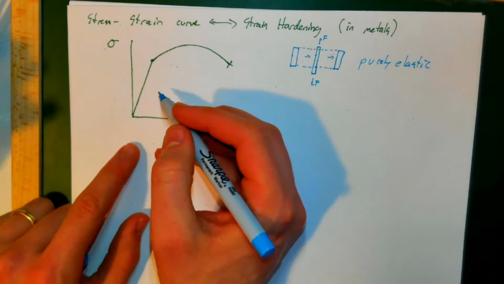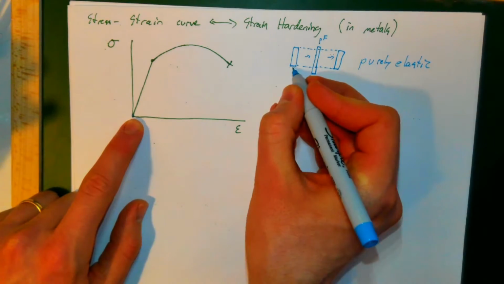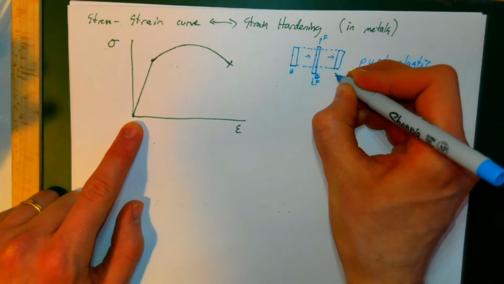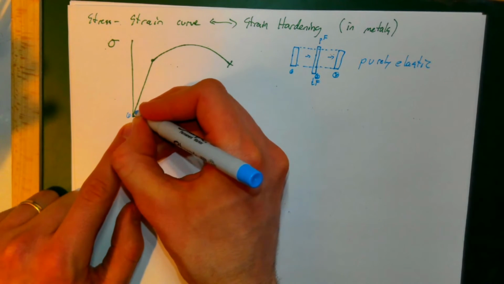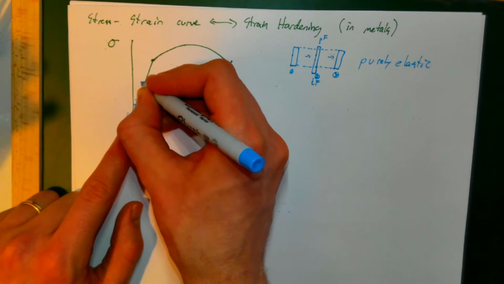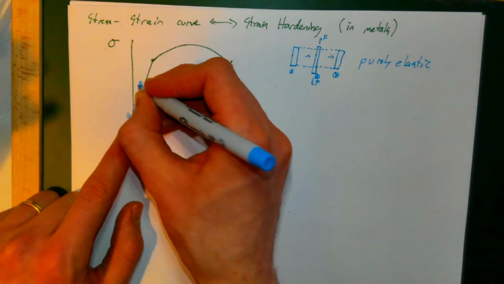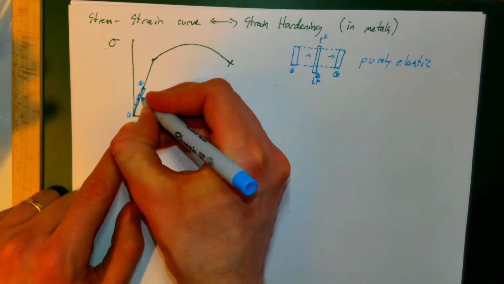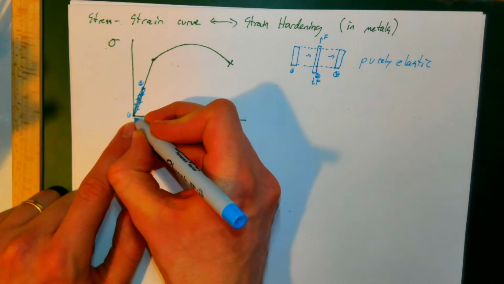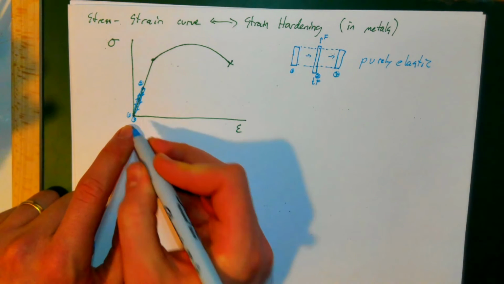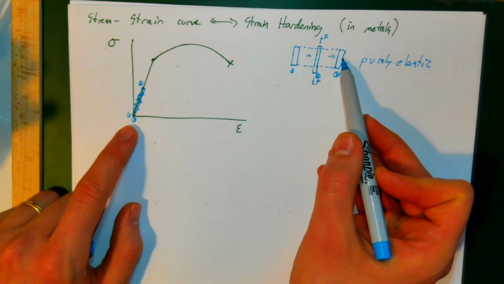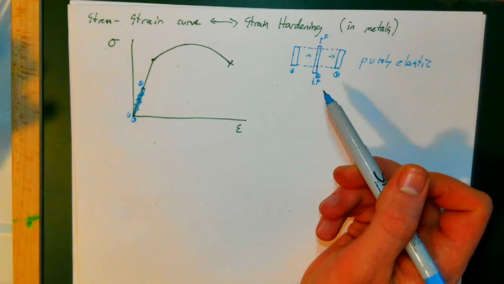So what would that look like on the stress strain curve? I'm basically starting down here. Let's call this position 1, this is position 2, and this is position 3. So basically 1 is right here. I go up to some point 2 right here, and then when I let go, I go back down to my original position 1, which is sort of simultaneous with position 3. So as long as I don't put too much force on it, I stretch it out, it goes back to where it was before.